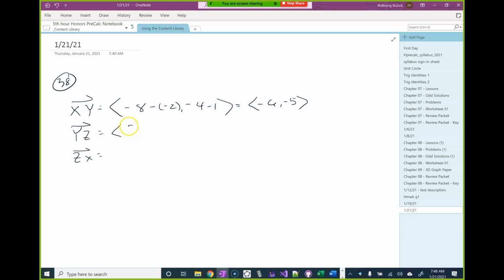So z is the tail, so 5 minus negative 8, and then 7 minus negative 4. And then for zx, x is the tail, so negative 2 minus 5, 1 minus 7.